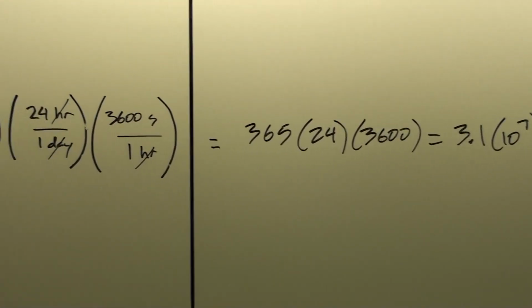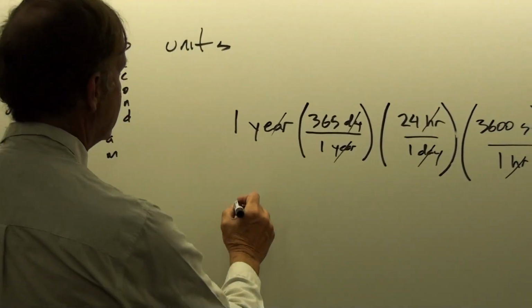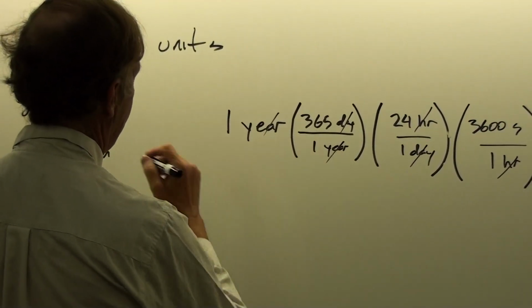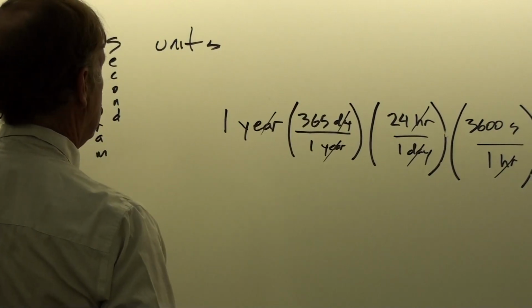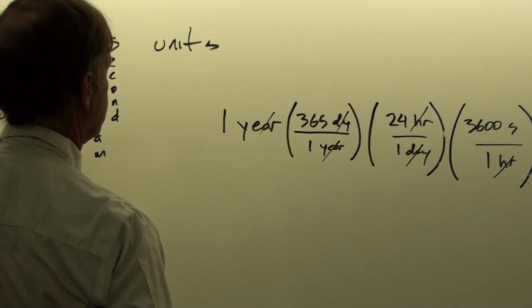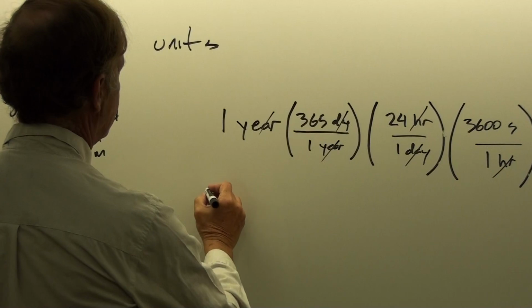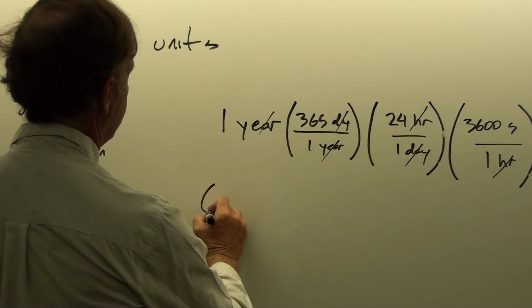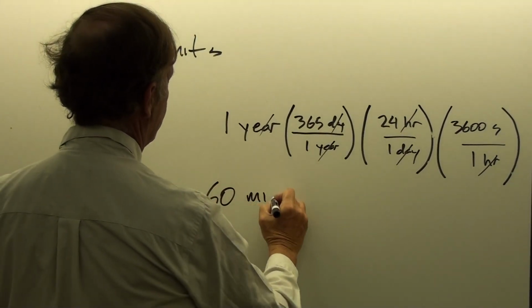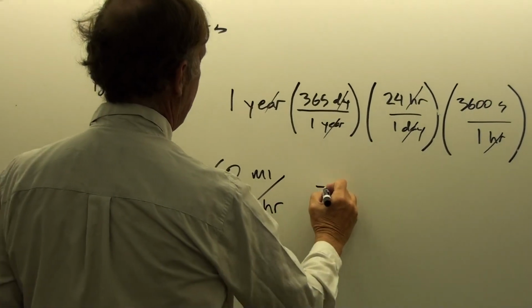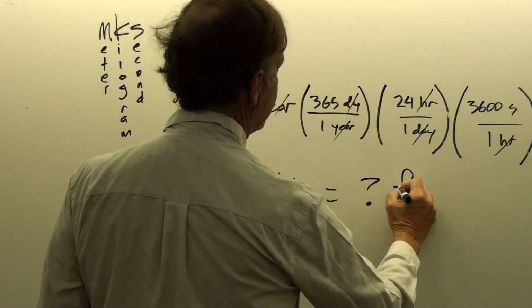Okay, now what if we had mixed units? For example, let's say that you had a speed that was equal to 60 miles per hour, and we wanted to know how many feet per second that was.